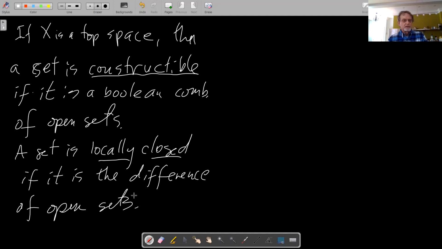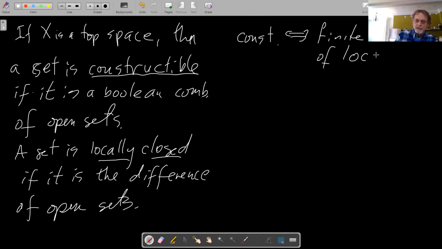That's equivalent to saying it's the intersection of an open set and a closed set. And it's routine to check that a set is constructible if and only if it is a finite union of locally closed sets.